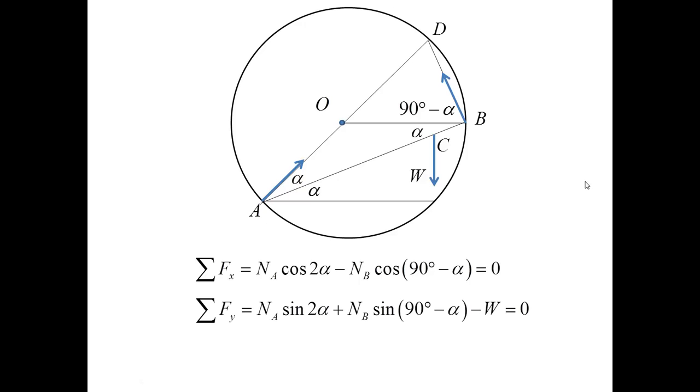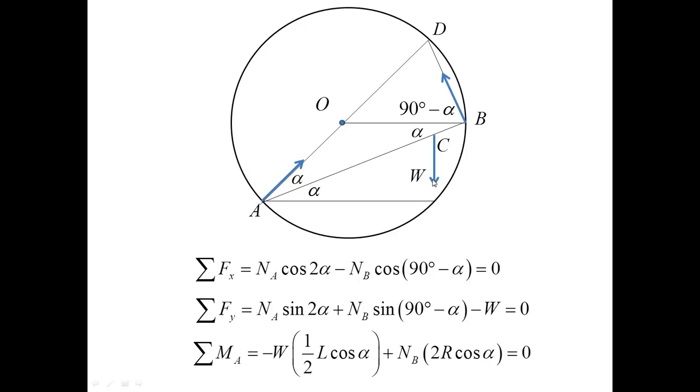For the sum of the forces on Y, we still have the same angles, 2 alpha and 90 minus alpha. In addition, we have the force W. Finally, the sum of the moments about A engages the weight W.